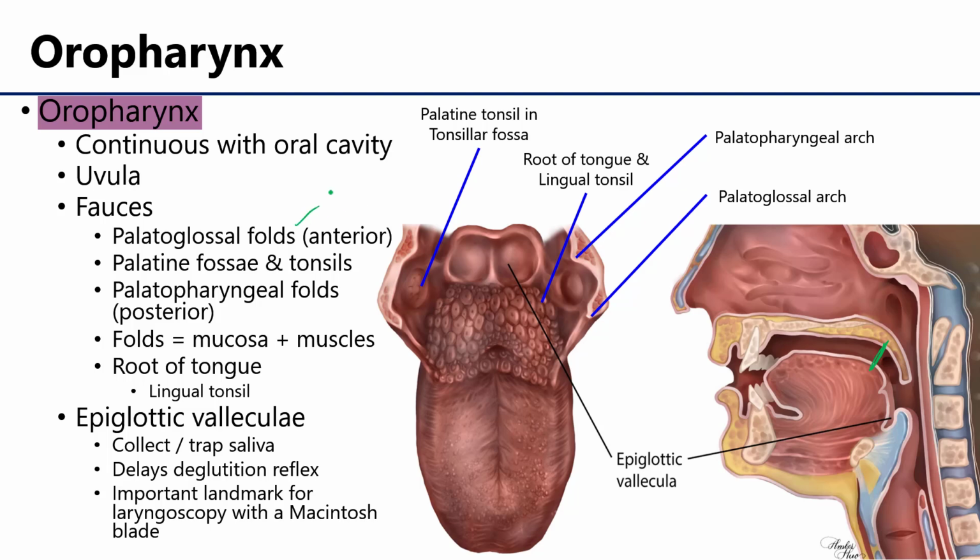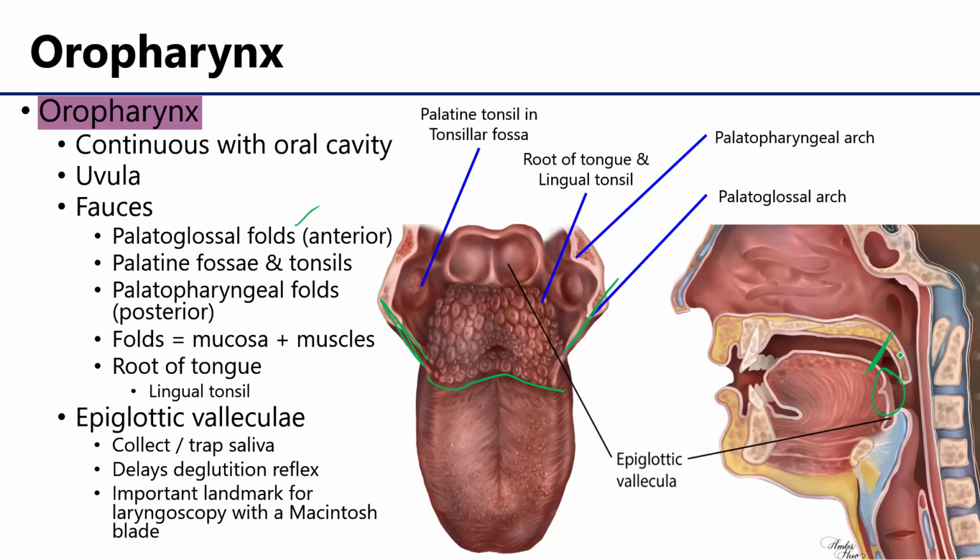So that is going to be the division between the oral cavity and the oropharynx. We can see that fold there. And that's roughly going to correspond to the terminal sulcus of the tongue. So the posterior third of the tongue is going to reside firmly within the oropharynx, which we can see there.